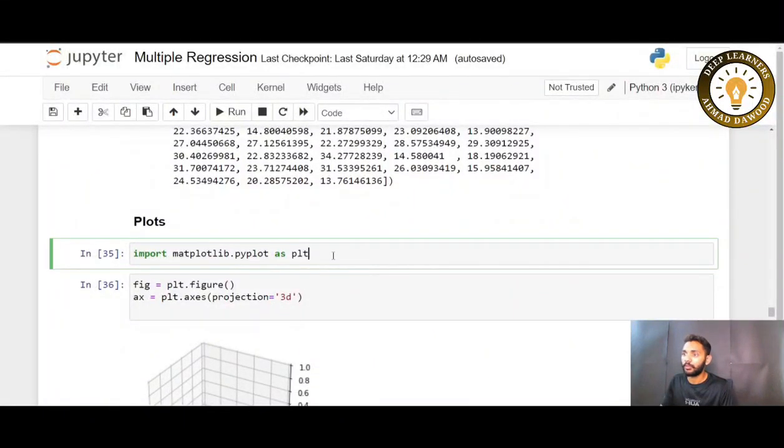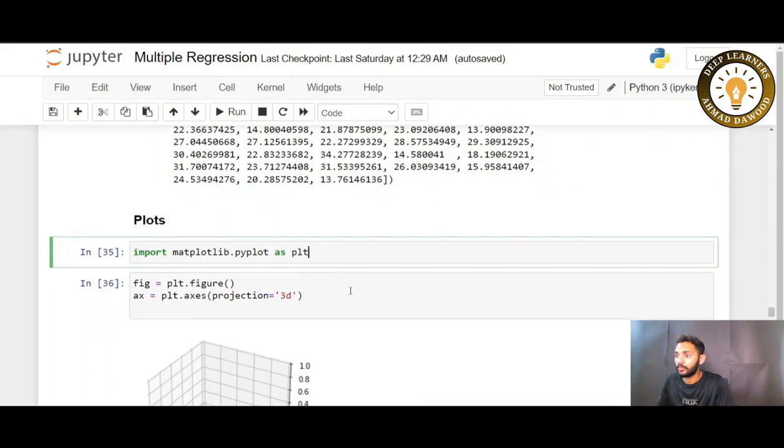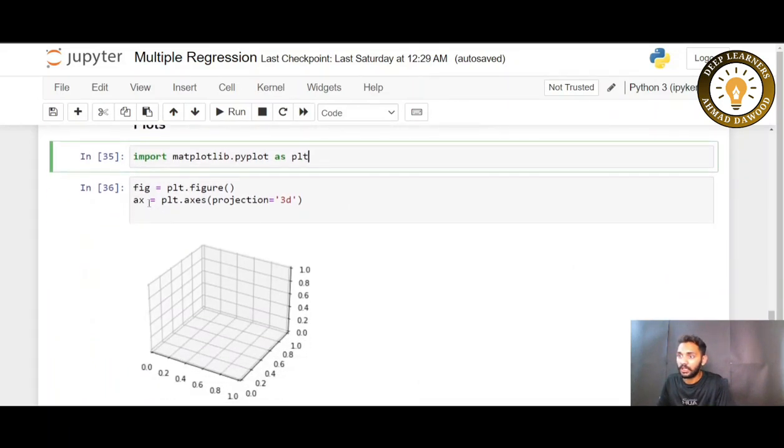So here we will plot some graphs. The purpose of using just two independent variables was also the same, that we can plot in three-dimensional space. Here I am using matplotlib to make some three-dimensional graphs. Figure is equal to the plot dot figure function, and to see the three-dimensional axis I am using plot dot axis with projection 3D.